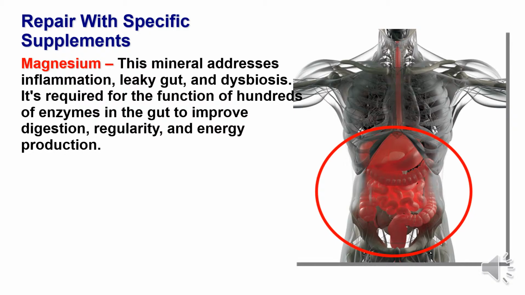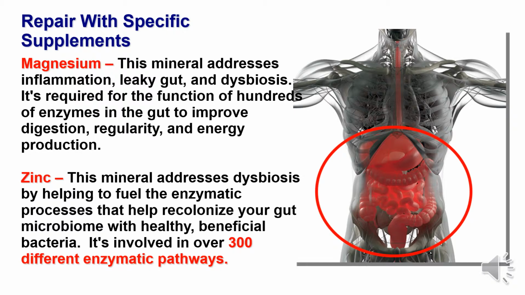It's required for the function of hundreds of enzymes in the gut to improve digestion, regularity, and energy production. And zinc. This mineral addresses dysbiosis by helping to fuel the enzymatic processes that help recolonize your gut microbiome with healthy, beneficial bacteria. It's involved in over 300 different enzymatic pathways.